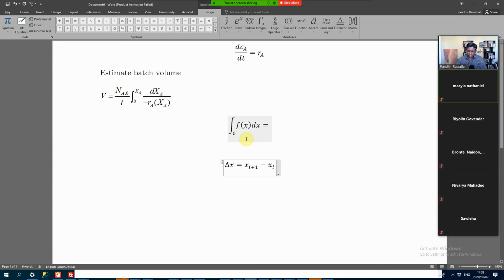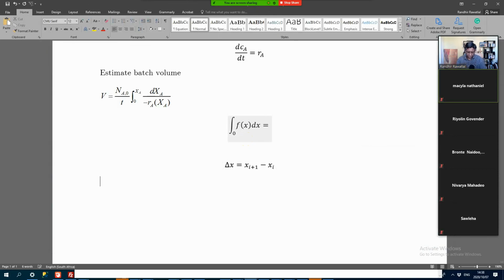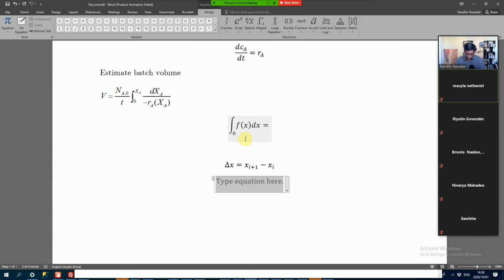So we can define for ourselves the average height. So you can say here y sub i bar equals 1/2. So we could just talk about a linear average in this case. So y sub i plus y sub i plus 1.